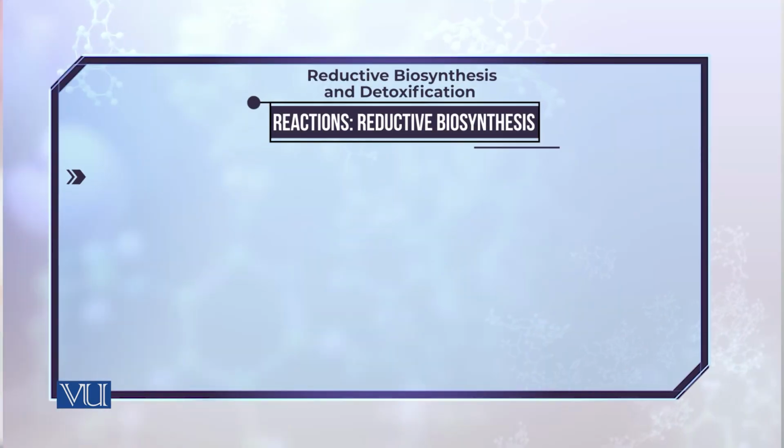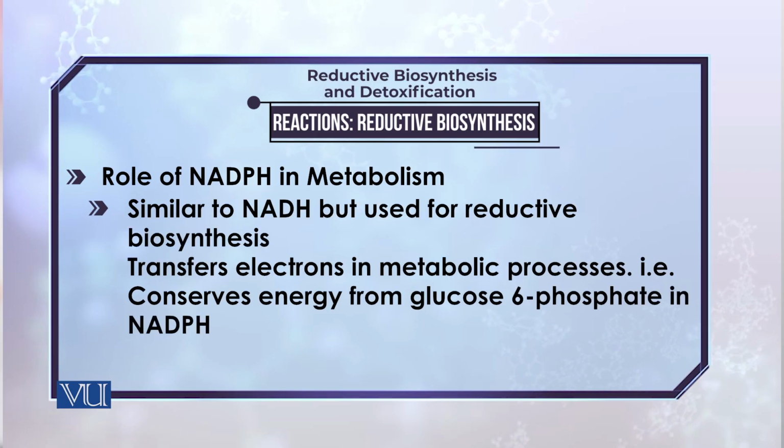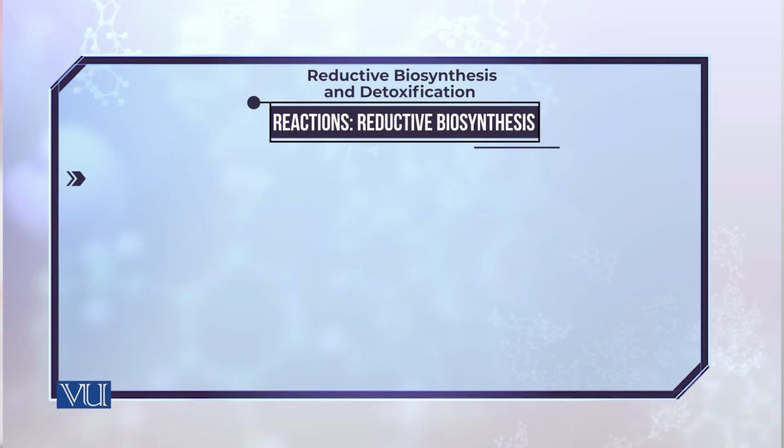Of course, NADH is used in the electron transport chain for producing ATP, but NADPH, rather than donating its electrons for the electron transport chain, is more predominantly used in the synthesis of many compounds. So, this is also one of the functional distinctions between NADPH and NADH.